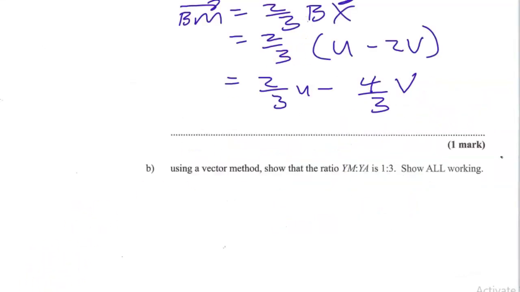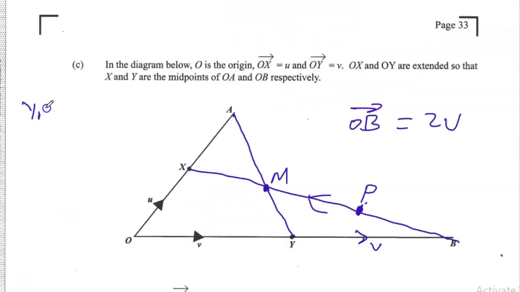And the final section, show that YM to YA is in the ratio 1 to 3. So if we divide YM by YA, we should get 1/3. Alright, so we need to find YM and YA. From the diagram, we could write the vector YM as YB plus BM.